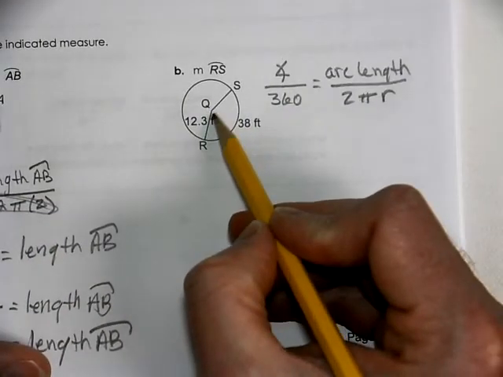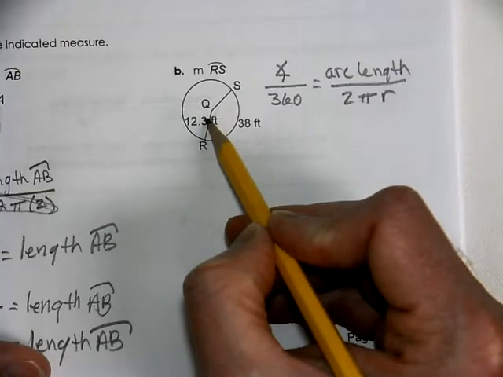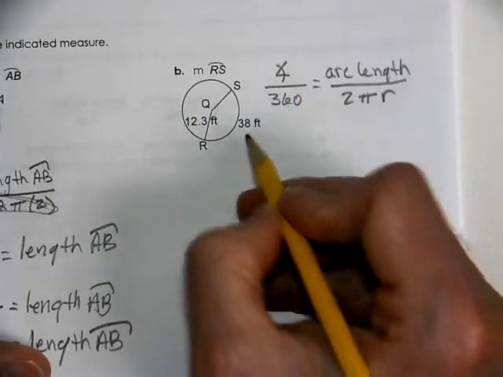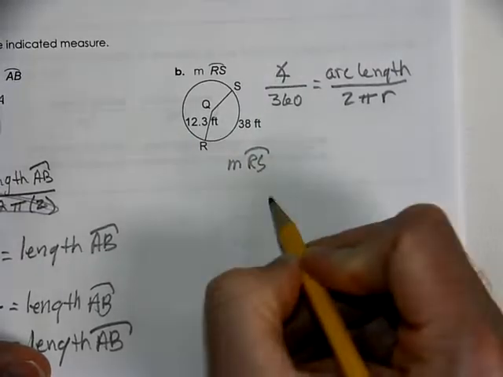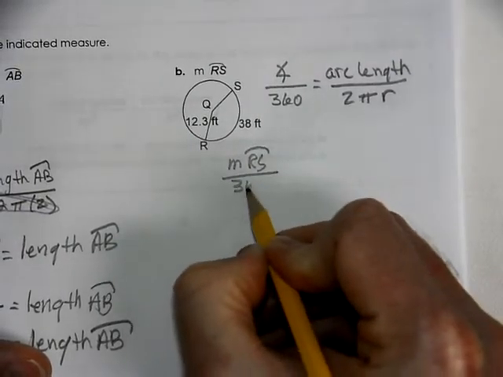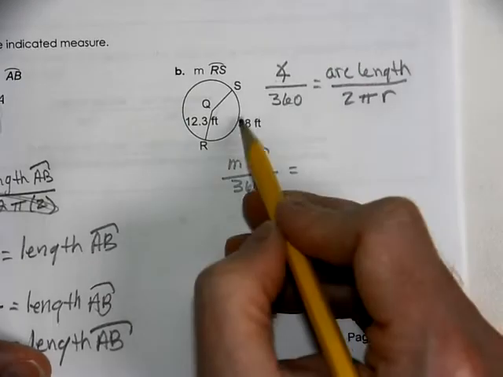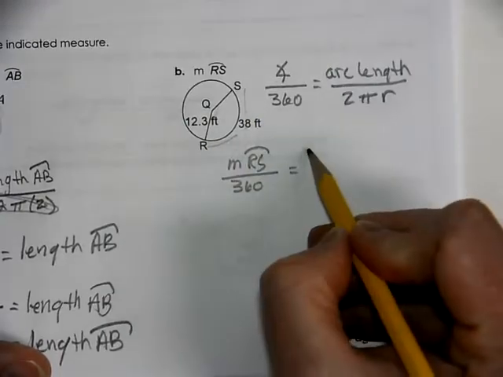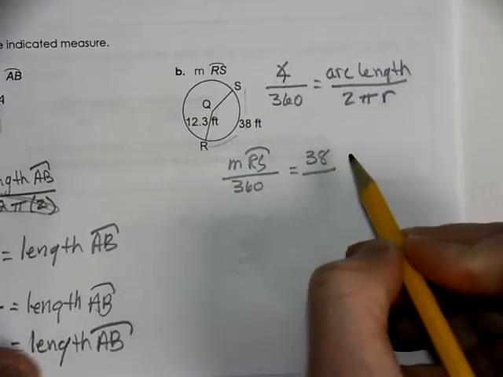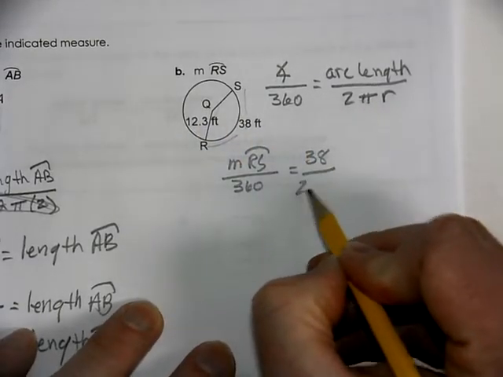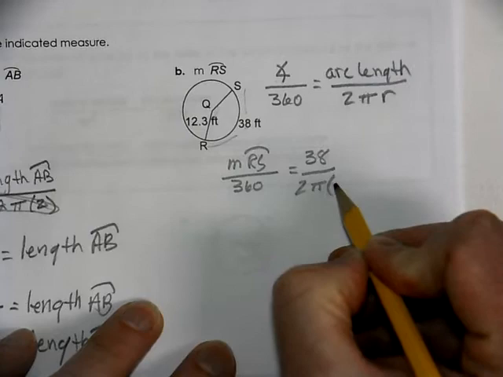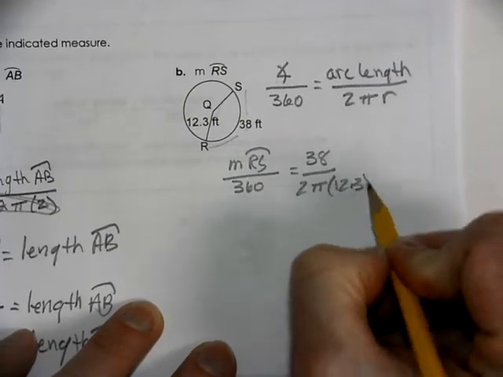We don't know what that angle value is. The angle that we're looking for, we call that the measure of RS over 360. The arc length, they tell us, is 38. I don't know what the circumference is, but I can calculate it. 2 pi times 12.3.